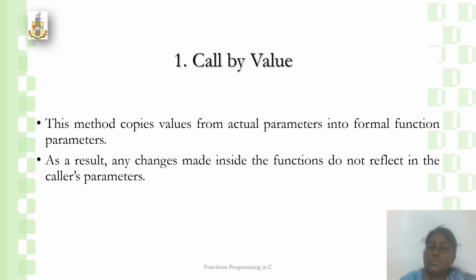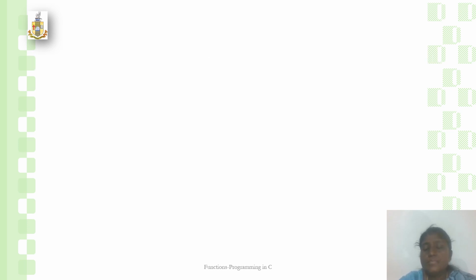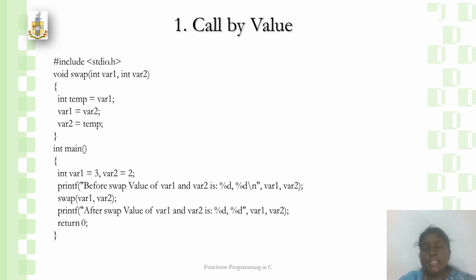The changes which occur in the function will not be reflected in the main function. We'll see it by an example. Look here, a simple example of swapping. Void swap.